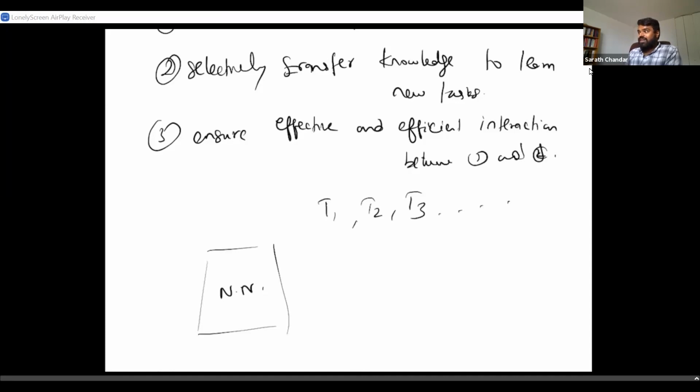Remembering the task is a challenge, right? When I'm learning the new task, I should remember the previous task. Now, why would the network forget the previous task? It has already learned it, so why would it forget?